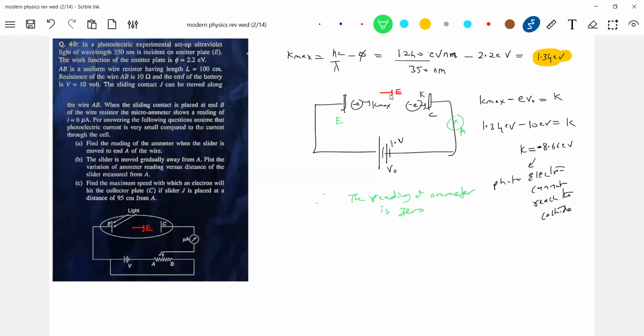Now, the slider is moved gradually away from A. Plot the variation of emitter current reading versus distance of the slider measured from A. I'm going to slide it away from it. Okay, when will current start flowing?